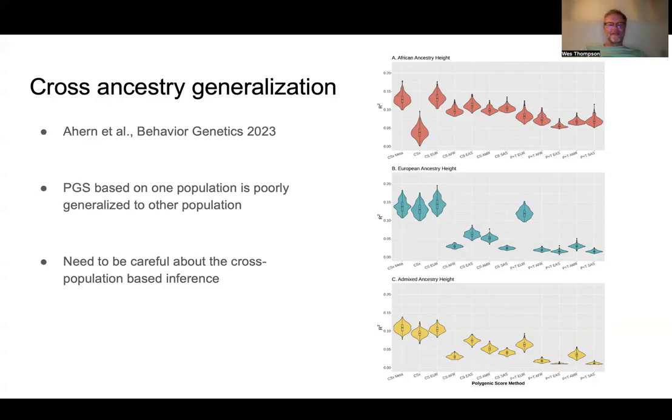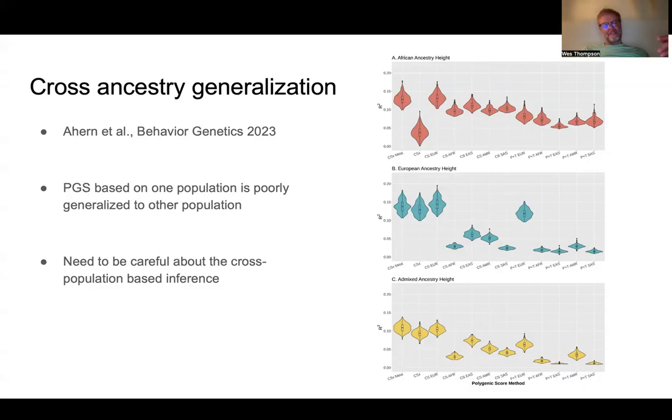Most polygenic scores tend to be trained on Europeans, and because of the different linkage disequilibrium structure and genetic drift across populations, those tend to perform more poorly on people of different genetic ancestries or people who are admixed.